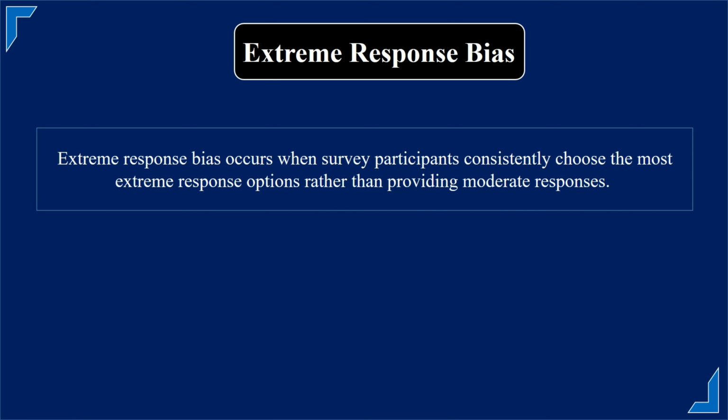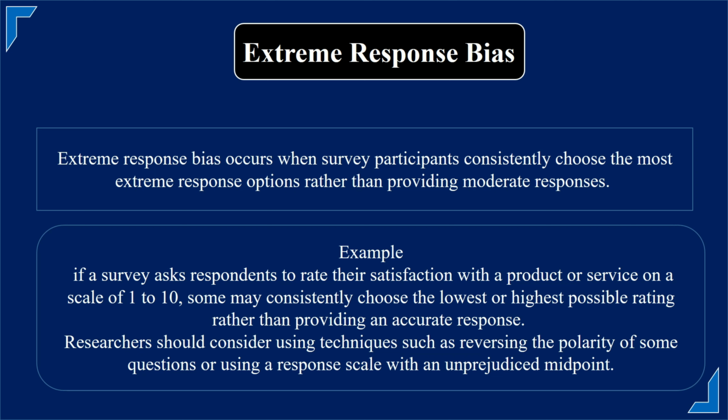Extreme response bias. Extreme response bias occurs when survey participants consistently choose the most extreme response options rather than providing moderate responses. Example: if a survey asks respondents to rate their satisfaction with a product or service on a scale of 1 to 10, some may consistently choose the lowest or highest possible rating rather than providing an accurate response.